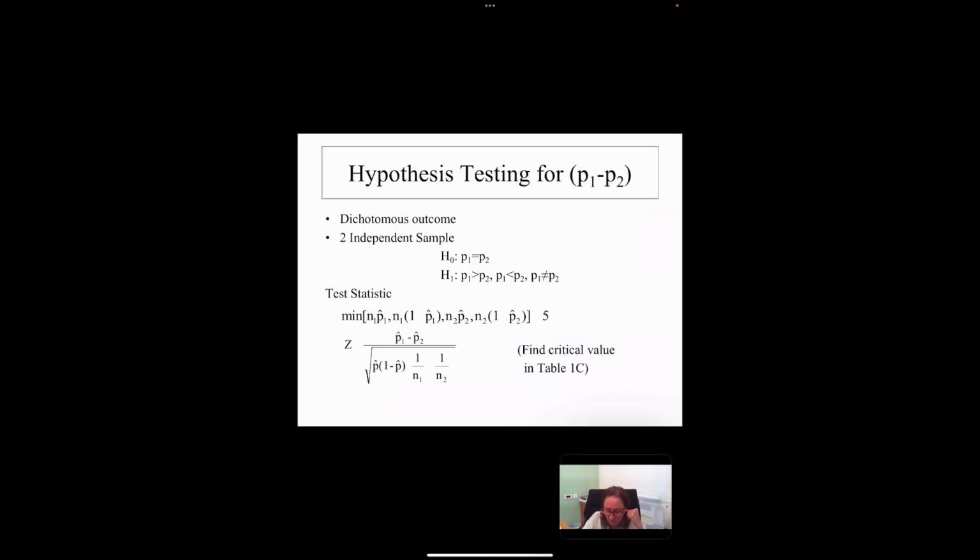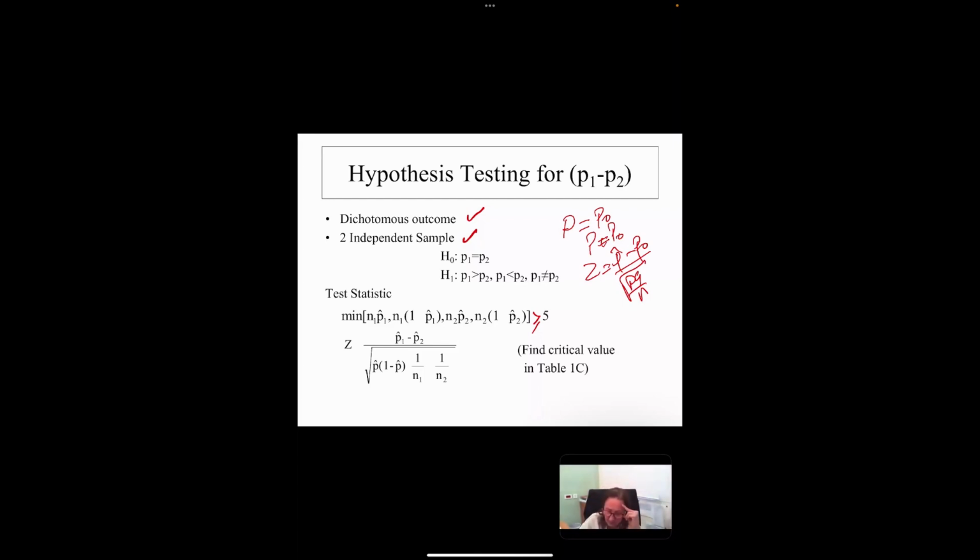Okay, so how to do it? Again, dichotomous outcome and two independent samples, P1, P2, and then the test statistic is similar to what we did for one proportion. If you recall, for one proportion, P equals P0, P different than P0, the Z was P hat minus P0 over the standard error, the square root of PQ over N. Now we have two P's.